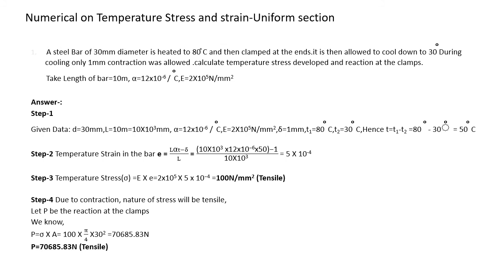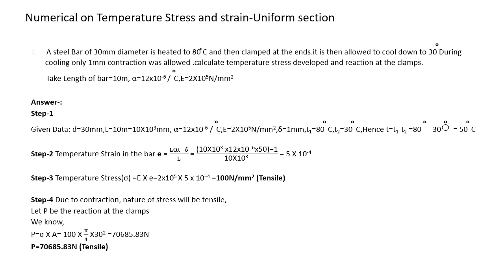Then next step, to find the temperature strain in the bar, we have the formula E is equal to L alpha T minus delta, by L. By putting in each value, we get strain value 5 into 10 raised to minus 4. We know strain is a unitless quantity.